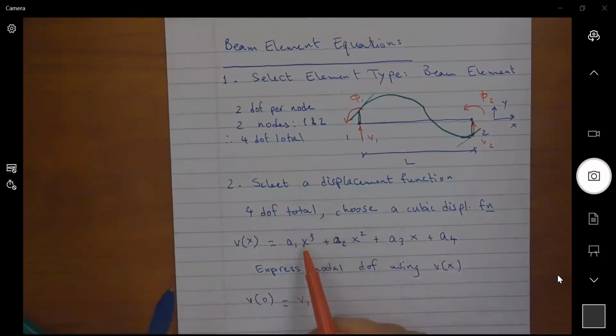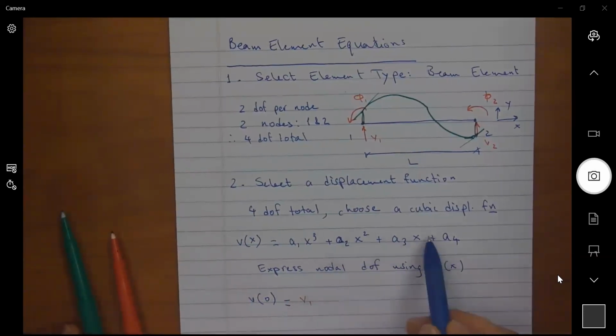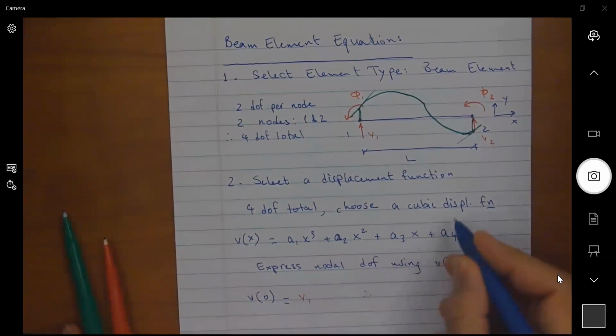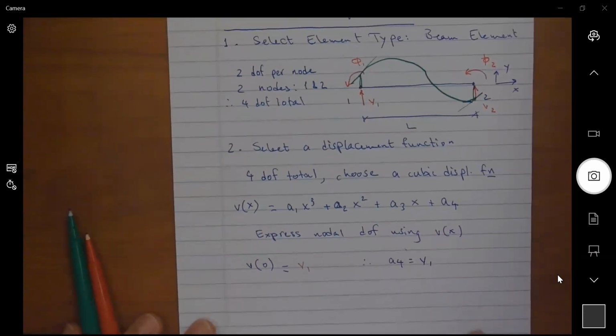Now, when I substitute here for X equals 0, I will conclude that A4 is equal to V1, correct?